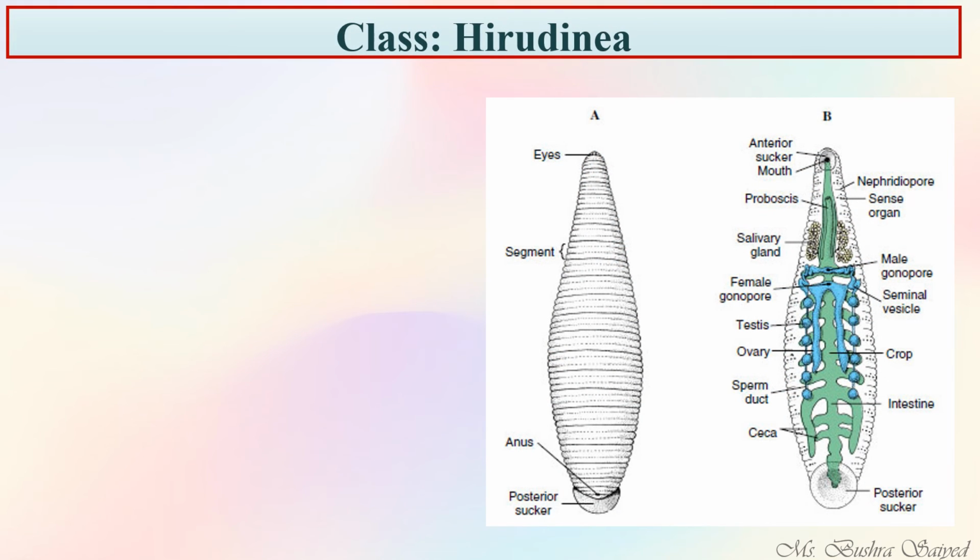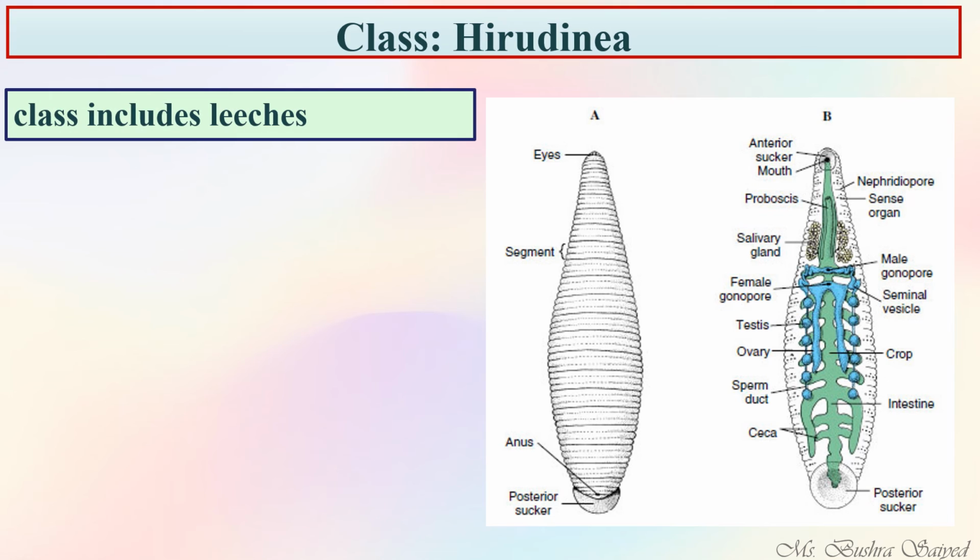class Hirudinea. It includes leeches. Hirudinea is a special class, especially for the leeches. You might have seen the leeches, the sucking organism, who sucks the blood of the organism with their posterior sucker.